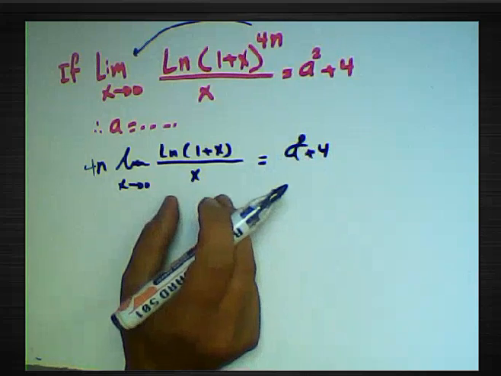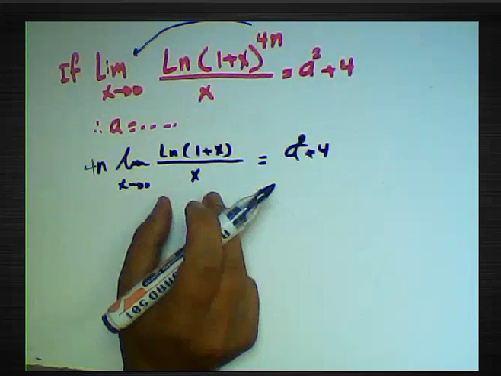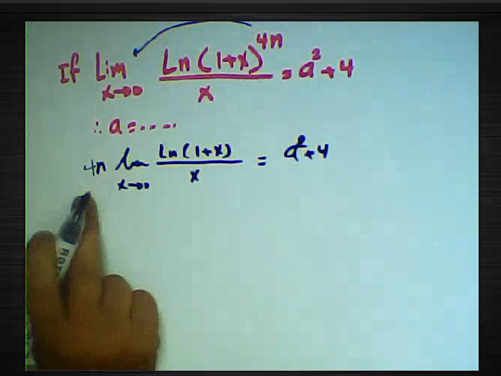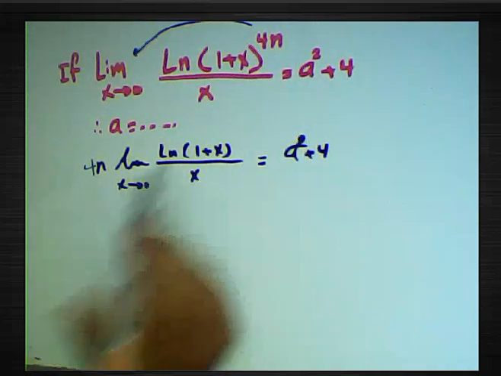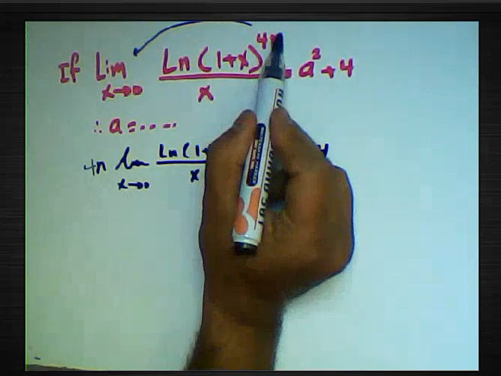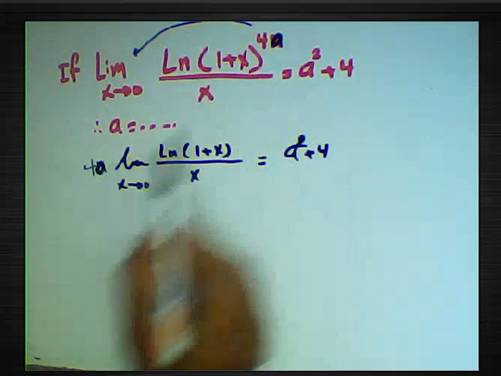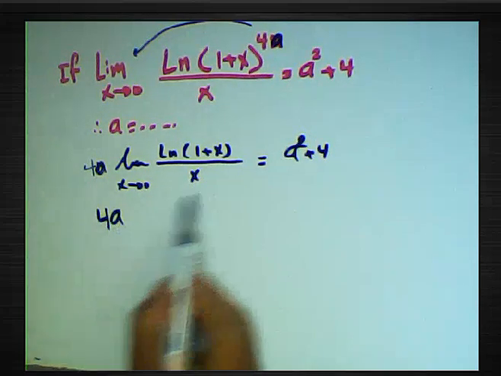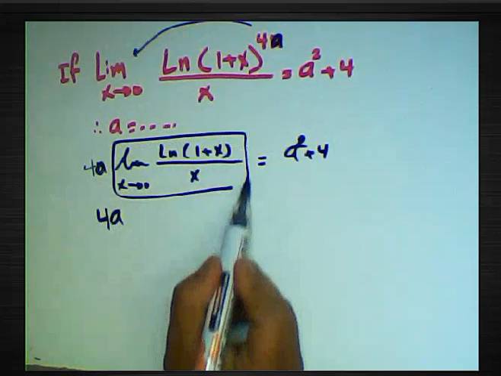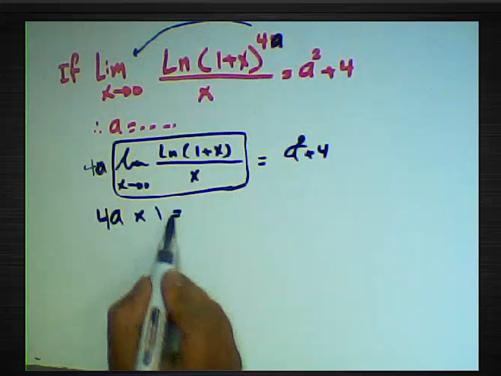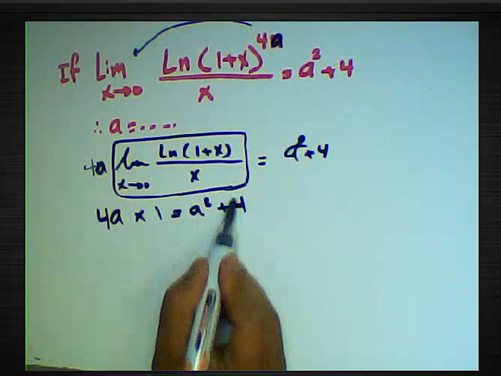We know it's the theorem. The result here will be 1. 1 times 4a, it's a, sorry, it's a. 4a multiplied by 1, the result here will be 1. It's the rule.